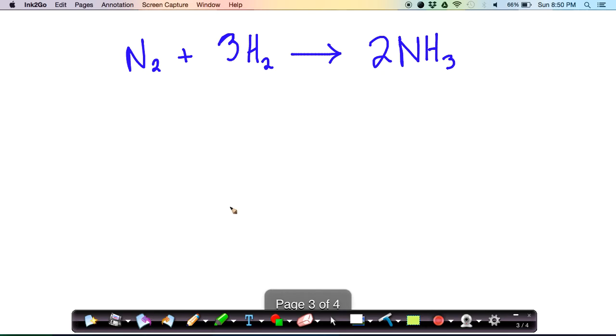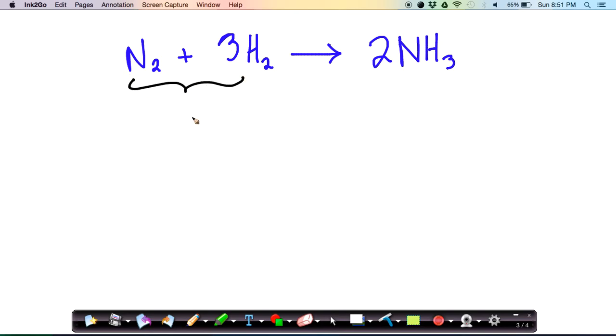So here we have a chemical reaction between diatomic nitrogen and hydrogen gases to form ammonia gas. So this is part of what we call the Haber-Bosch process. What we're interested in here is in the course of this chemical reaction proceeding from reactants to products, we're going to have to break bonds for the reactants.